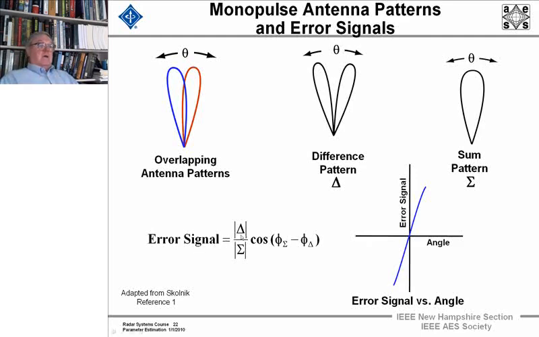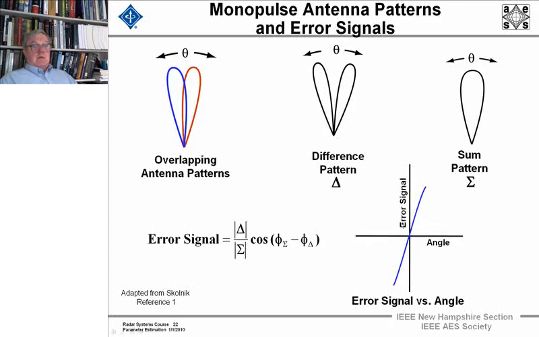are complex quantities. They have amplitude and phase. And the error signal, which tells us where we are off boresight, is the magnitude of the difference divided by the magnitude of the sum times the cosine of the phase angle of the sum minus the phase angle of the difference.